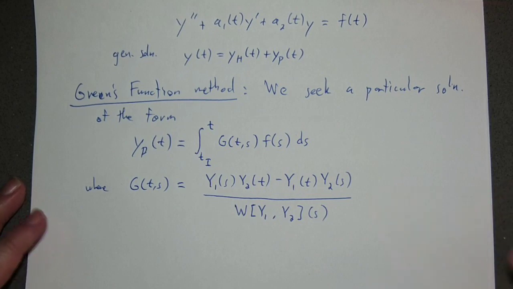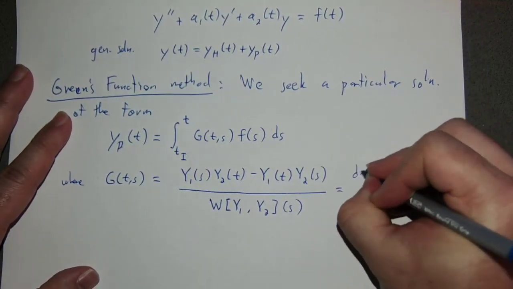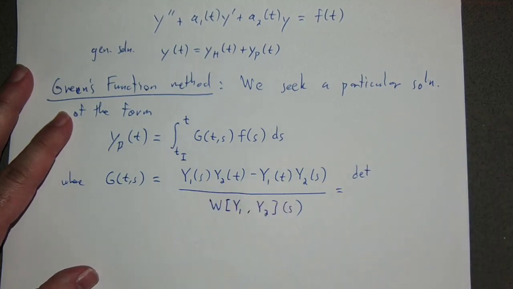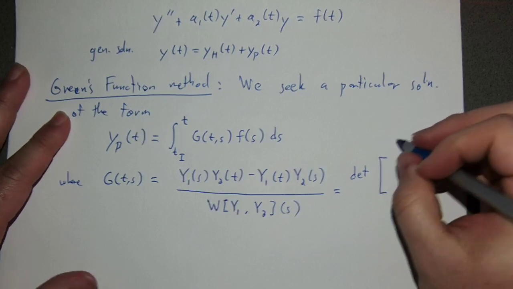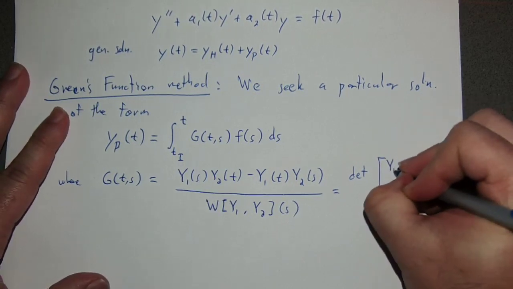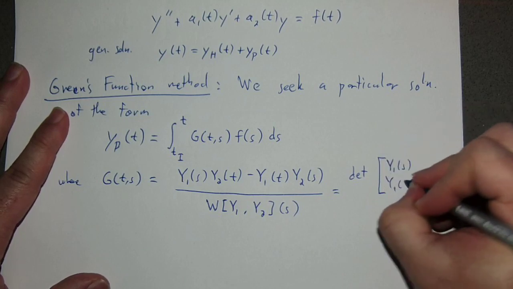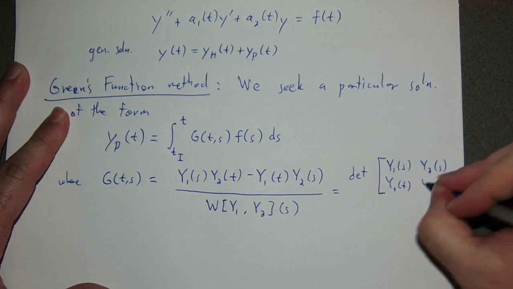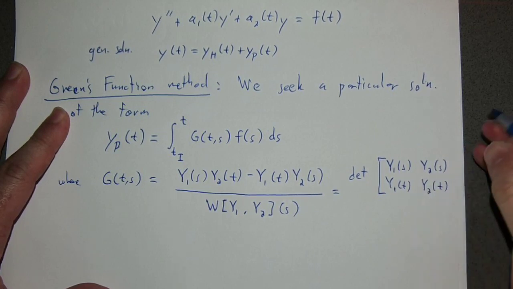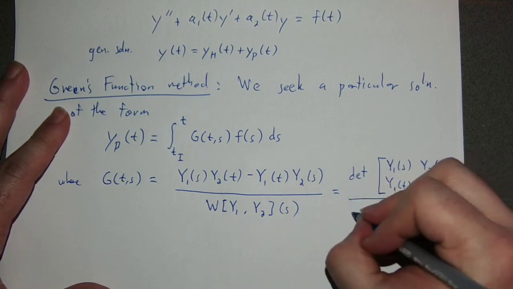I can rewrite this in another form, as the determinant of a matrix. The matrix is y sub 1 of s, y sub 1 of t, y sub 2 of s, y sub 2 of t, divided by the Wronskian itself as a determinant.